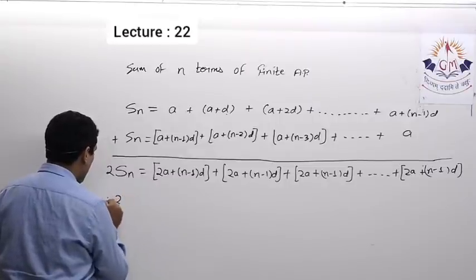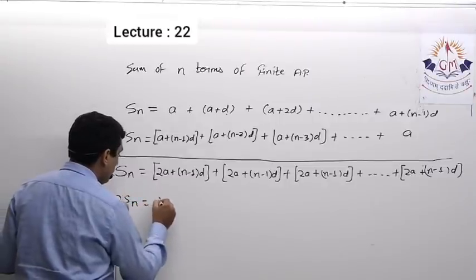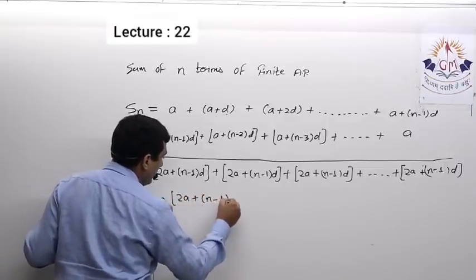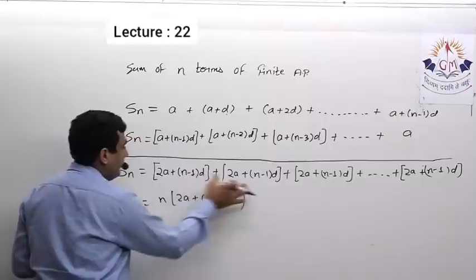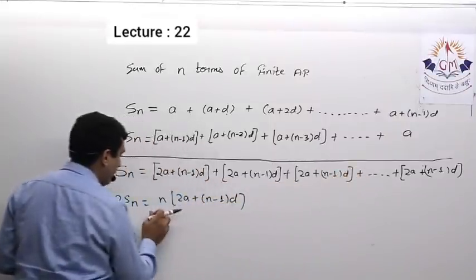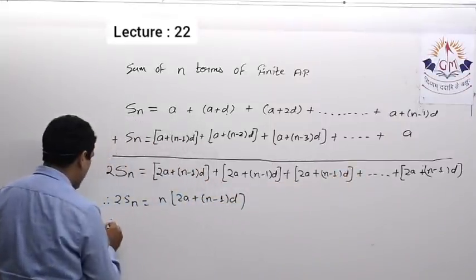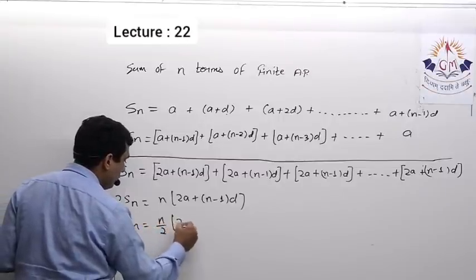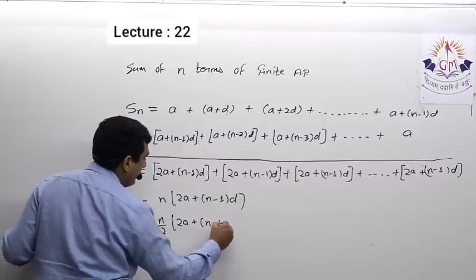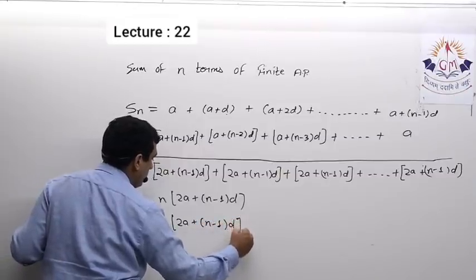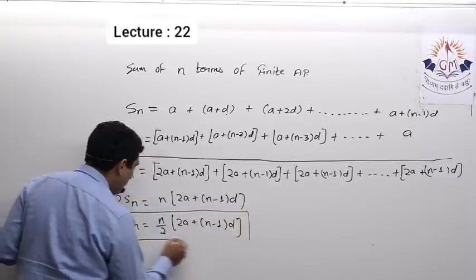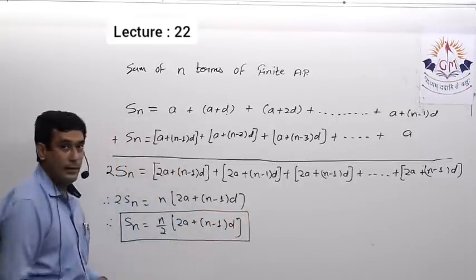So twice of Sn is equal to n into (2a plus (n minus 1) into d). So Sn is given by n by 2 into (2a plus (n minus 1) into d). So this is the formula to find the sum of n terms of an AP.